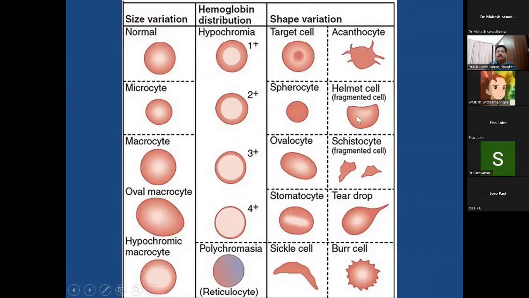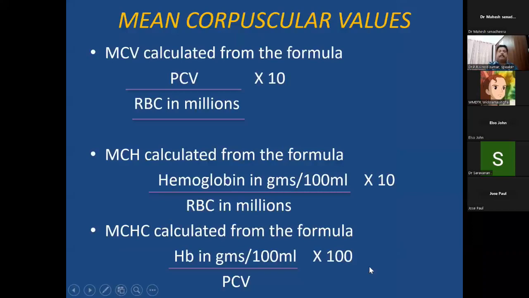Helmet cells are schistocytes. Both can be seen in hemolytic anemias. Teardrop cell or dacryocyte can be seen in IMHA. Then burr cell, this also can be seen in acute and chronic, especially in chronic kidney disease. Burr cells and acanthocytes can be seen in chronic kidney disease.